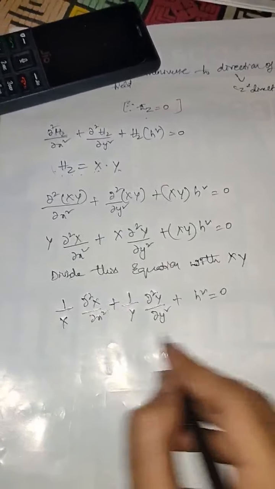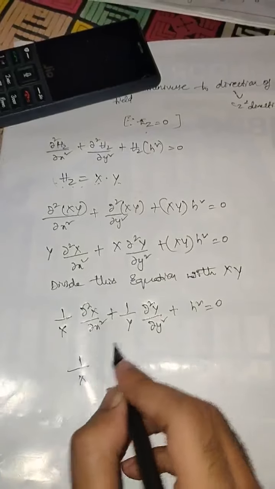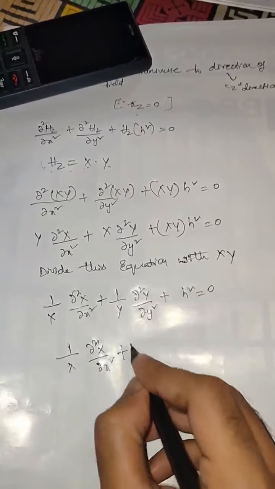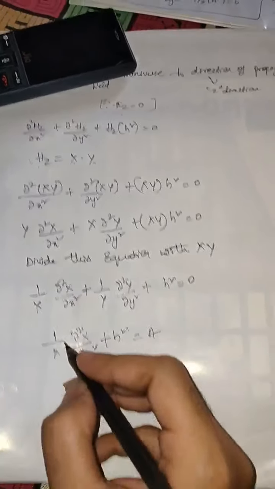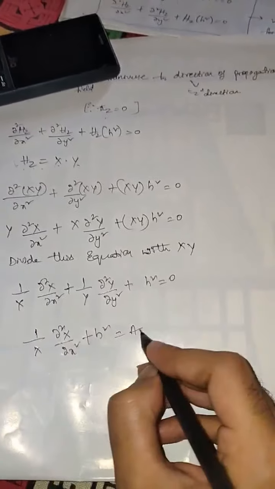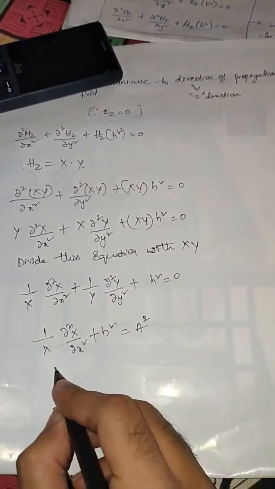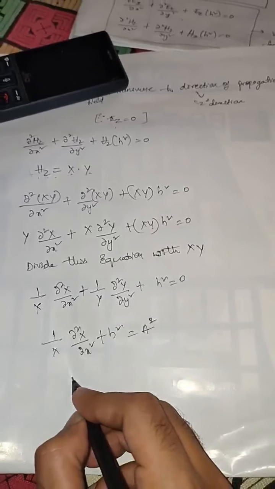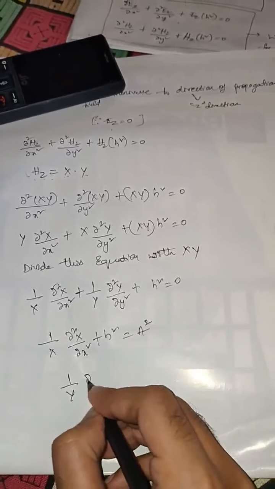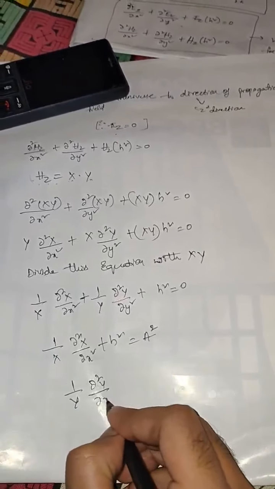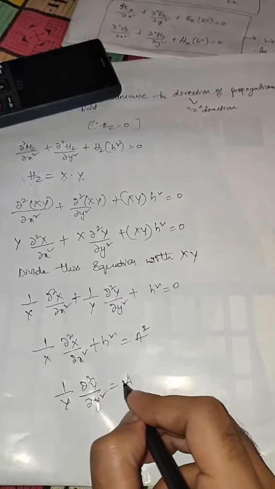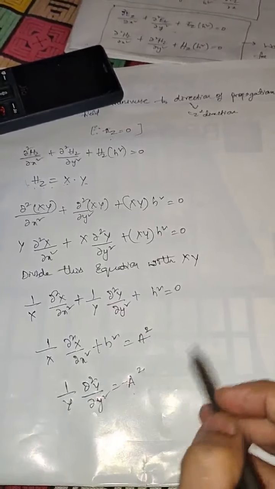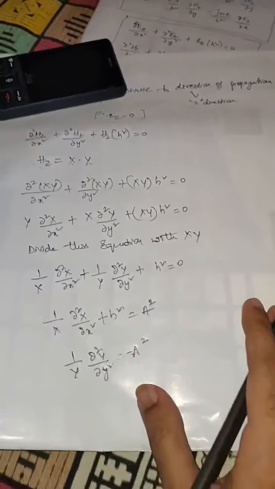So in this form we can write 1 by X dou square X by dou x square plus h square as nothing but a square. So 1 by Y dou square Y by dou y square is nothing but minus a square. We substitute in this equation: a square minus a square is 0, which satisfies the equation.